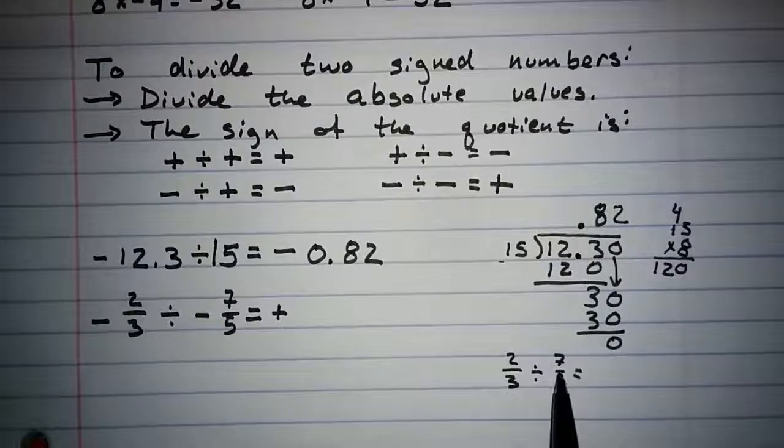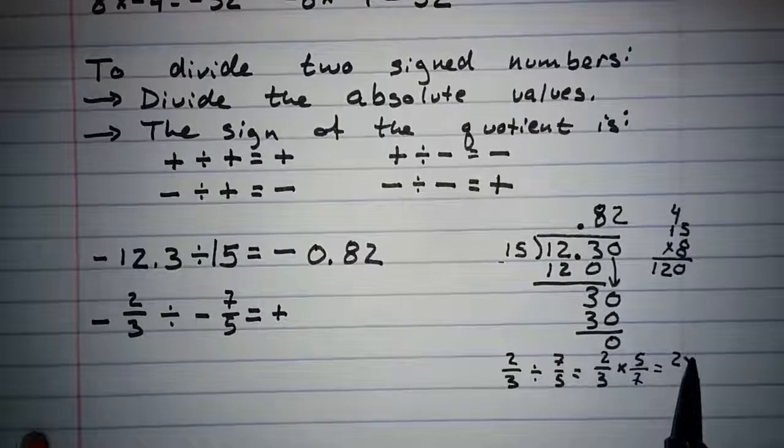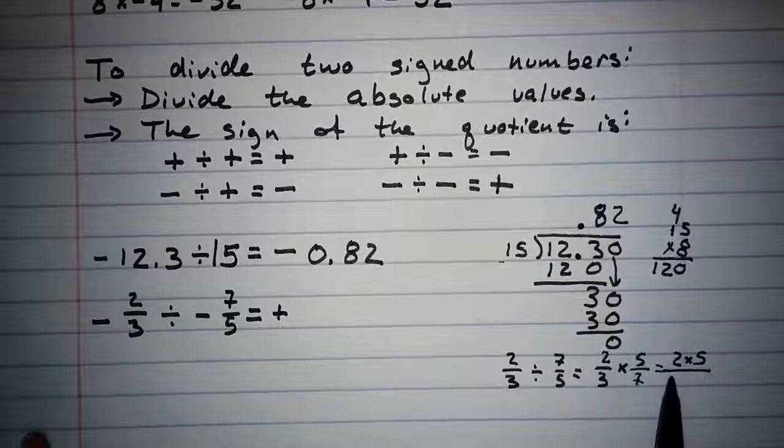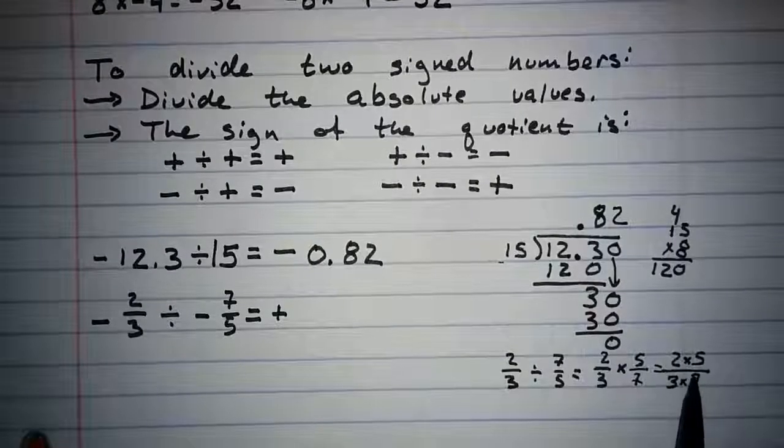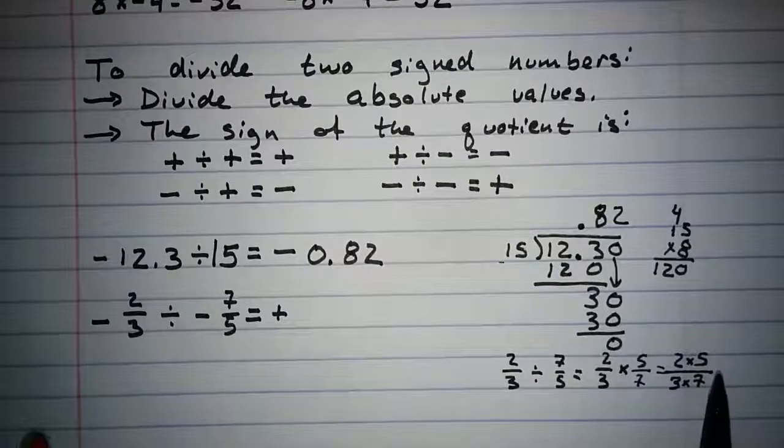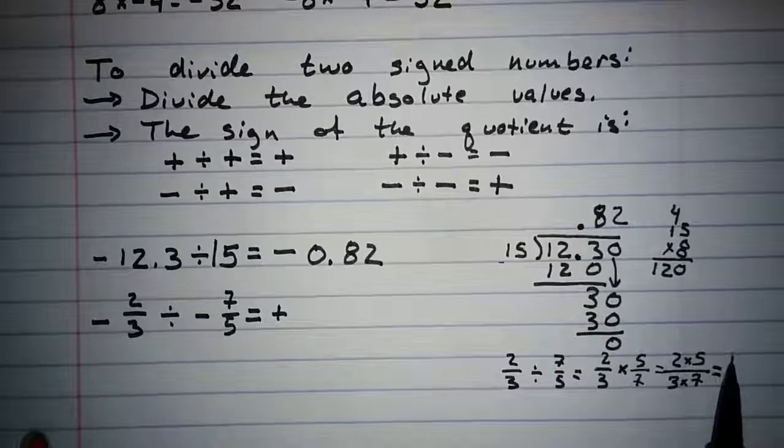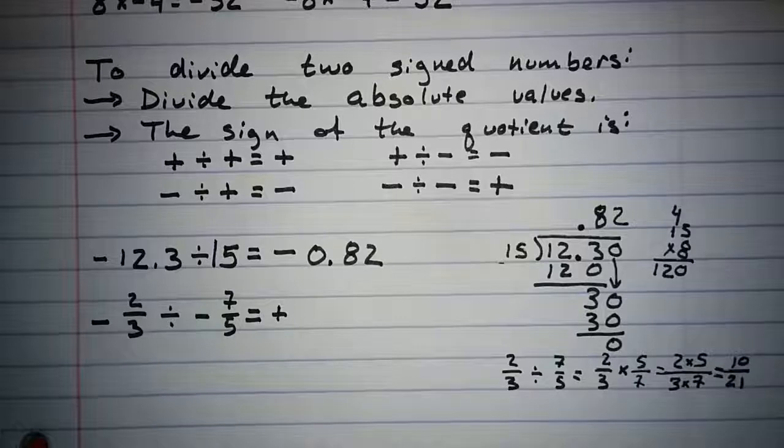All right, to divide by a fraction, we multiply by its reciprocal. We'll have 2 times 5 over 3 times 7. No common factors here, right? So that's just going to be 10 over 21.